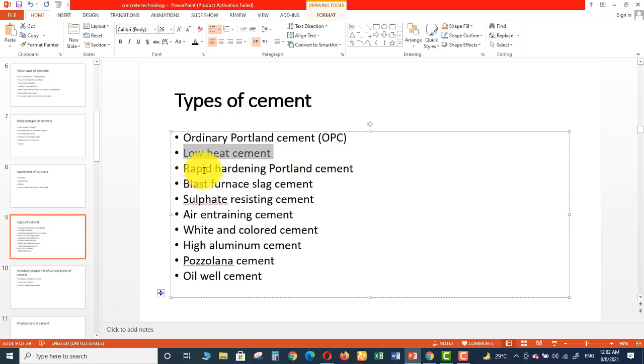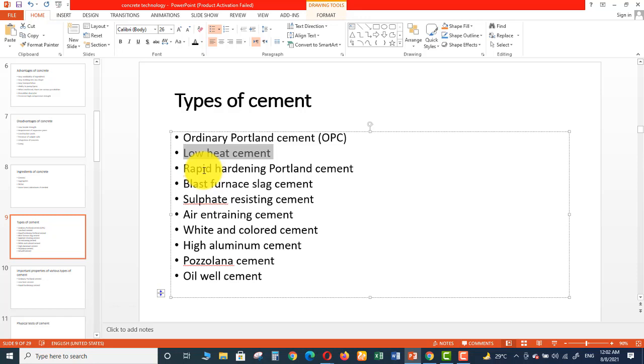The next is rapid hardening Portland cement. Its name is showing that this is some sort of cement which gets hardened rapidly, quickly. The rapid hardening Portland cement is also known as high early strength cement. Rapid hardening cement is also known as high early strength cement.